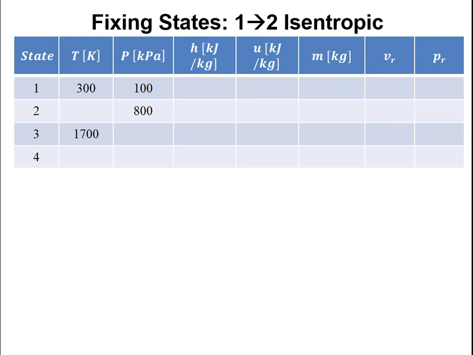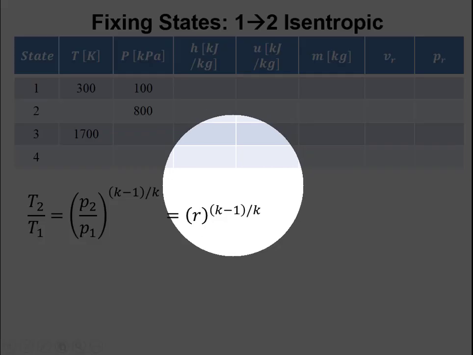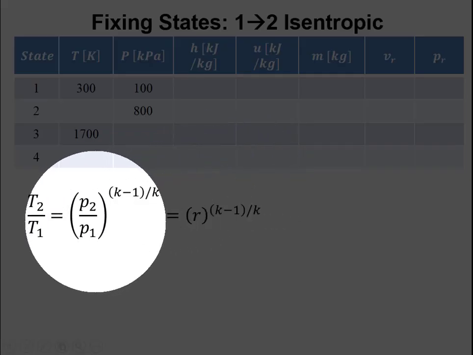So when we do cycles that work with ideal gases, it's really important to recognize which processes are isentropic. And in this case, as we move between 1 and 2, or we could think of this as 2s because it's an isentropic process, we know that this is isentropic. So now I can look for the right expression that has k in the exponent.